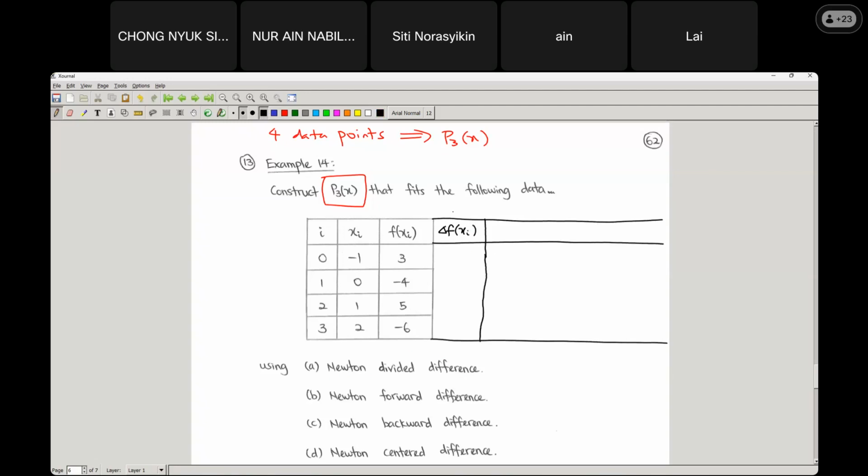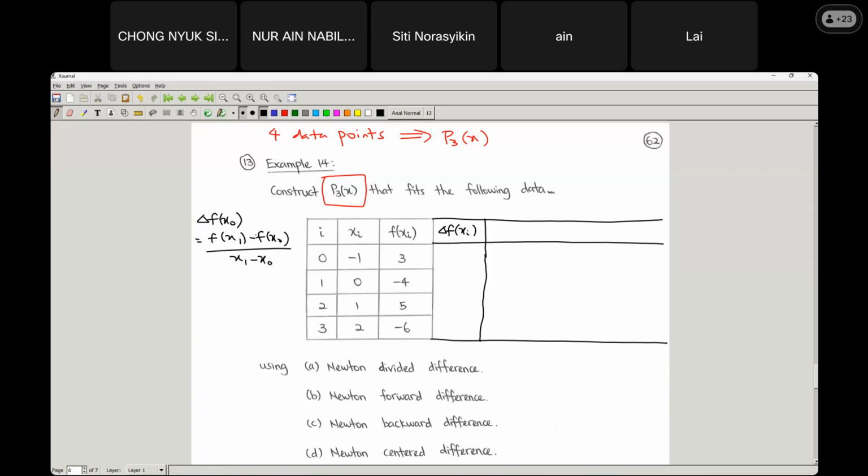Okay, what is this triangle representation? Can someone tell me? Remember, what is this formula? The formula is equivalent to f[x0, x1] equals f(x1) minus f(x0) divided by x1 minus x0. Am I correct? Let me check.